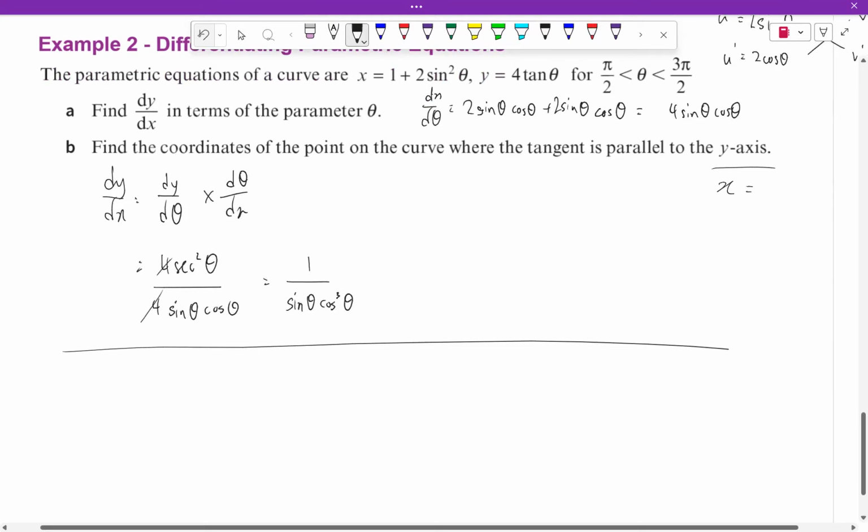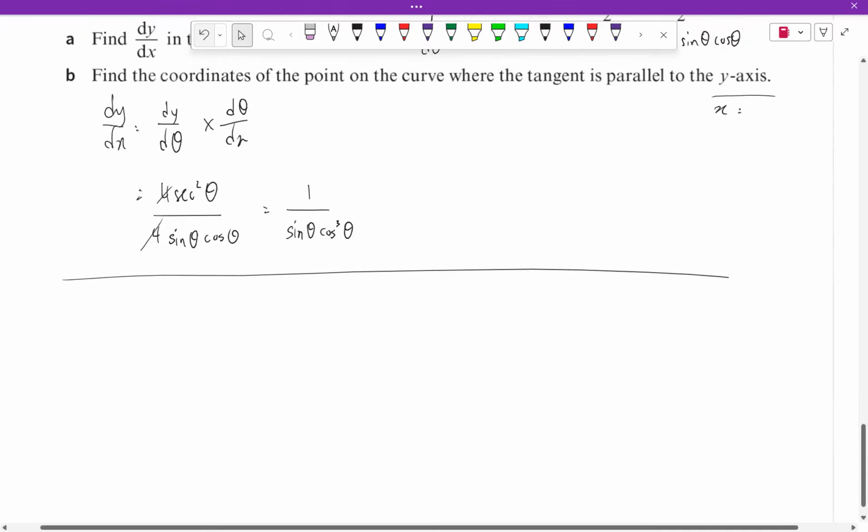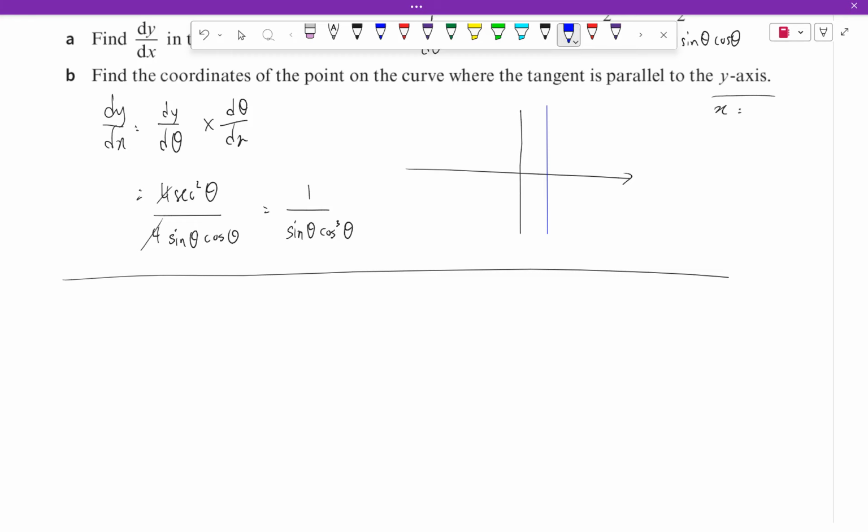That means x equals something, because it's parallel to the y-axis. So since it's parallel to the y-axis, that means sin theta cos cube theta equals 0, because the gradient for a straight vertical line like that is infinite or undefined, which only happens when the denominator, sin theta cos cube theta, equals 0.